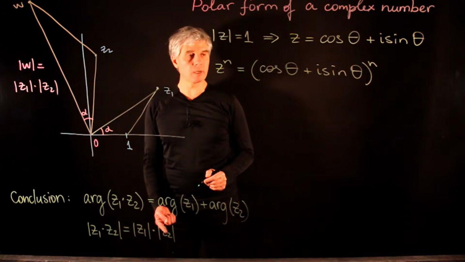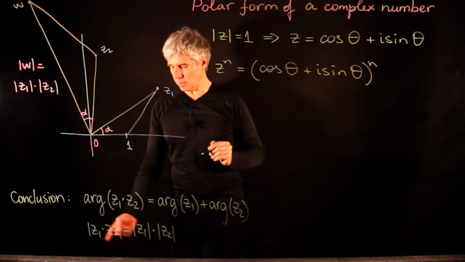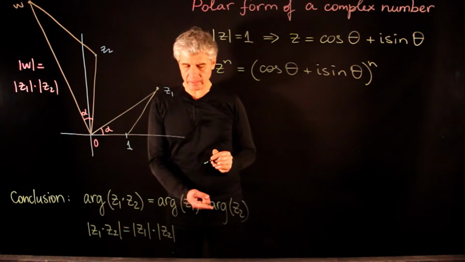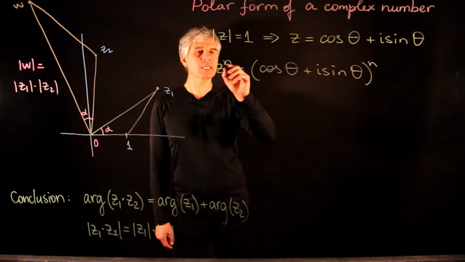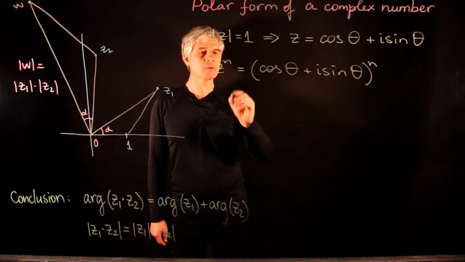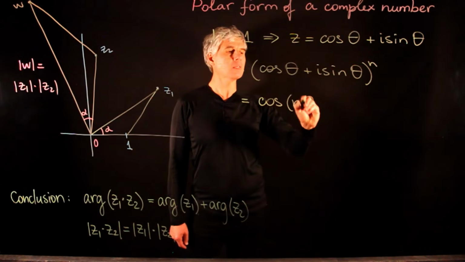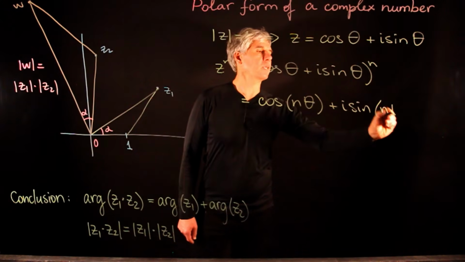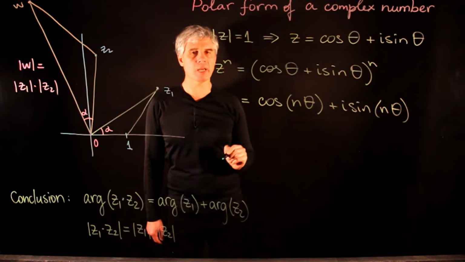Using this property, we see that the norm of z to the power n will still be 1. And because arguments add when we take the product, the argument of z to the power n is going to be n theta. And so we can write this complex number as cos of n theta plus i sine of n theta. So this will be the polar form of z to the power n.